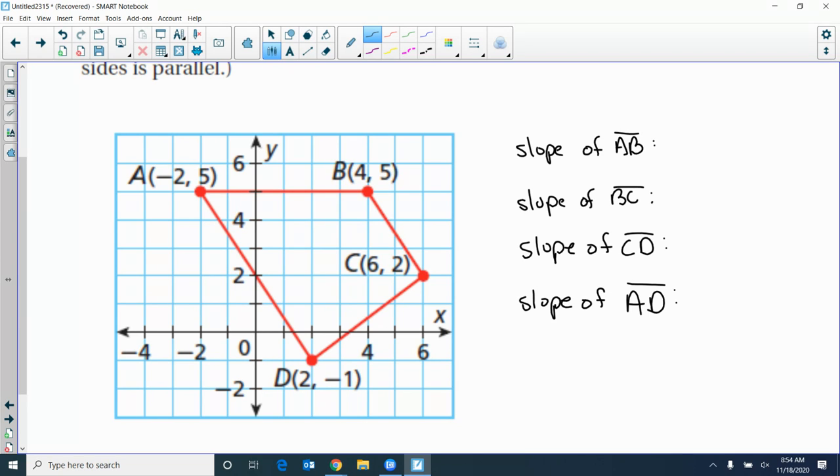Go from C to B. Look again. Is that negative? Yes, negative 3/2.